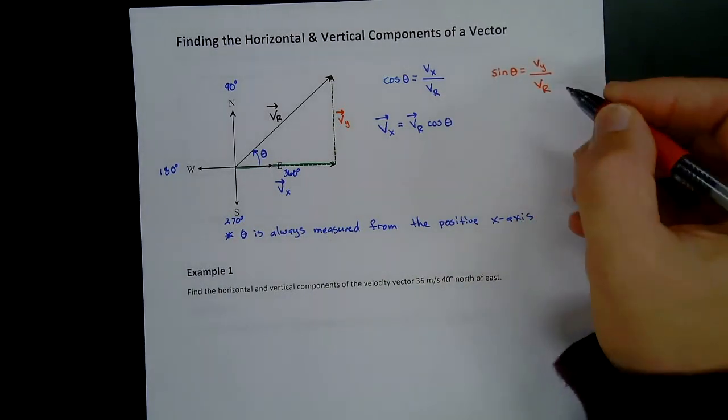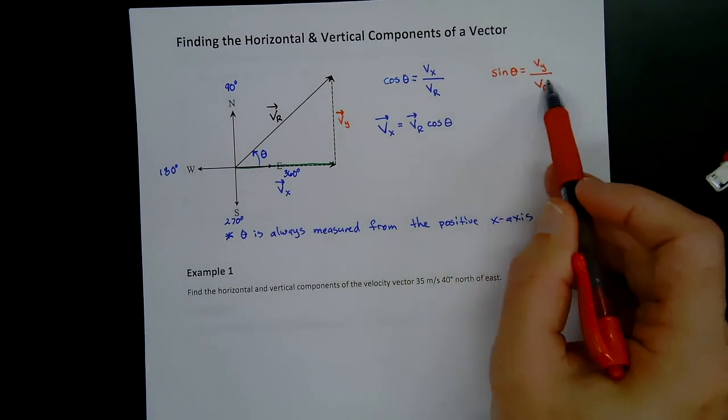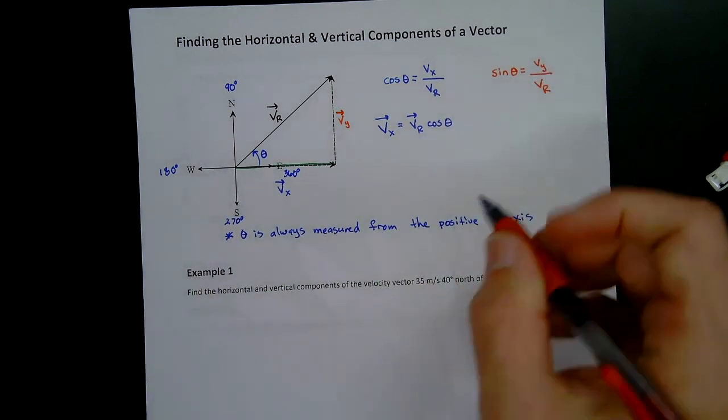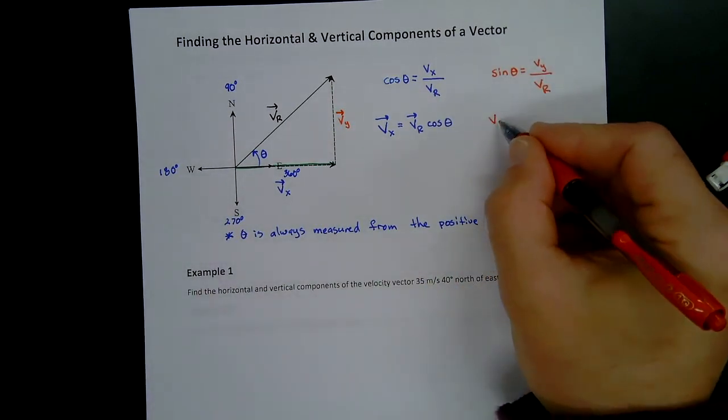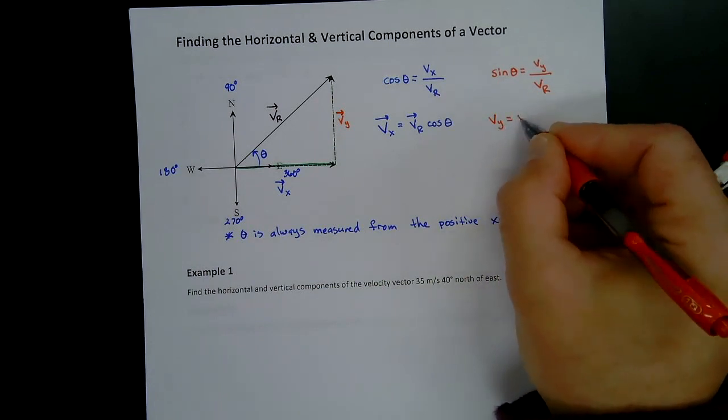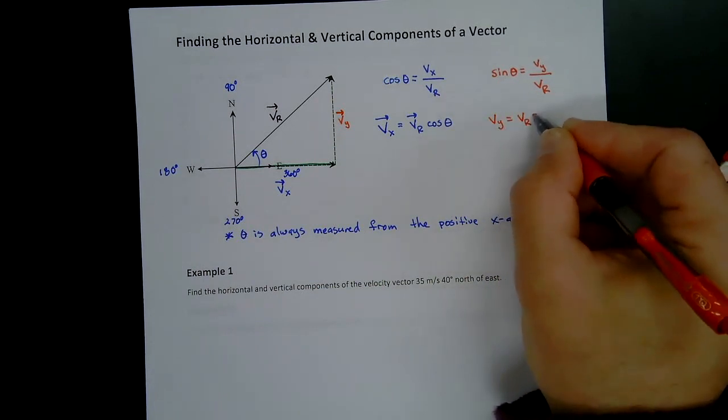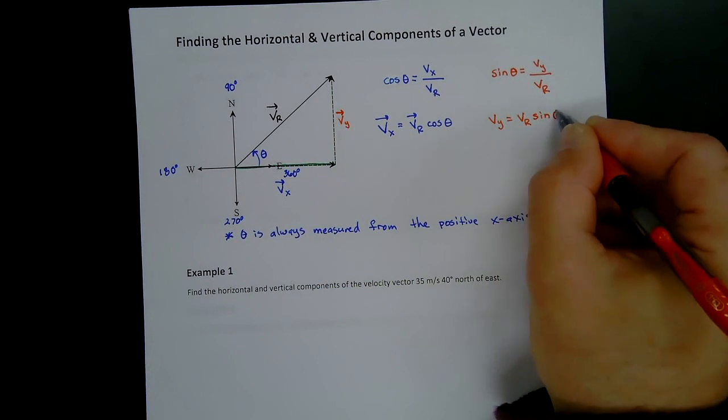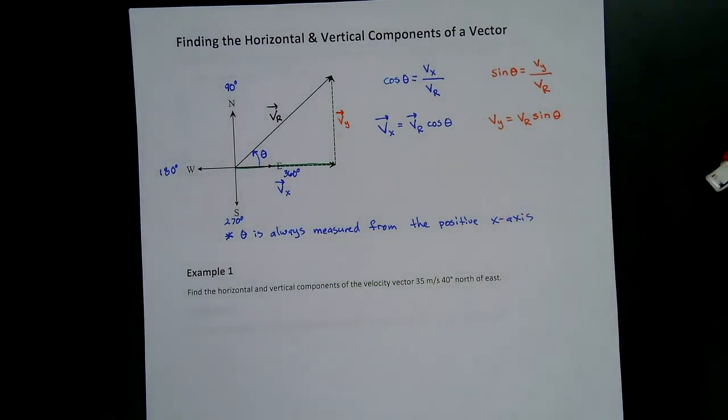Okay. And so multiplying both sides by v sub r, we'll find v sub y. So v sub y is equal to v sub r sine of angle theta.